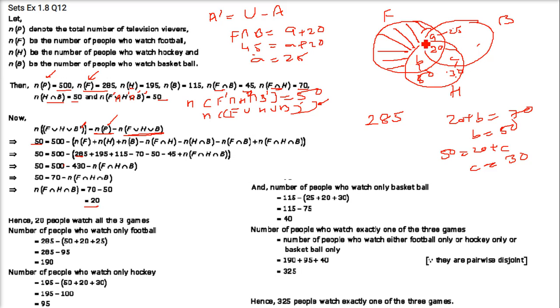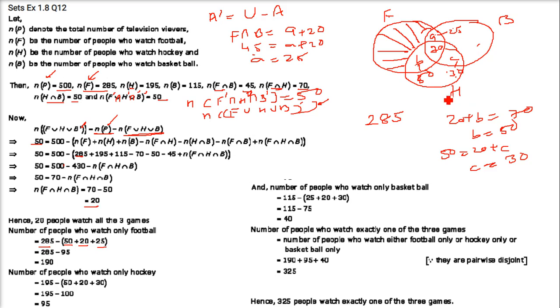Okay, now the number of people who watch only football, that is this one. So total F minus A minus 20 minus B. I hope you got the idea. So F 285 total minus 50, 20 and 25.